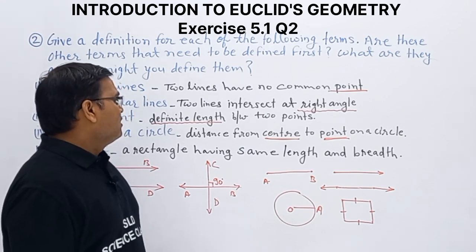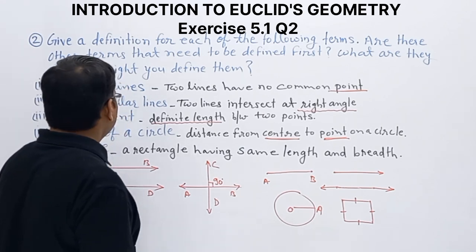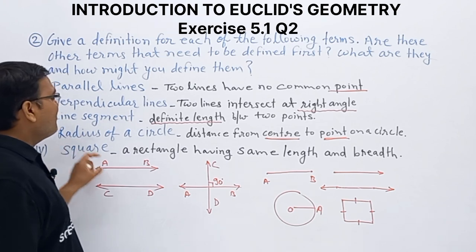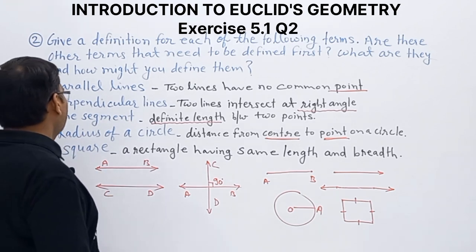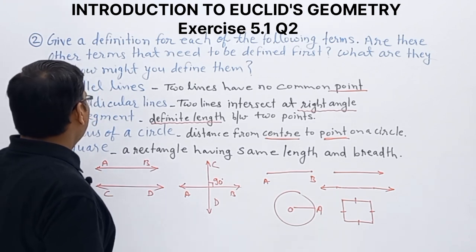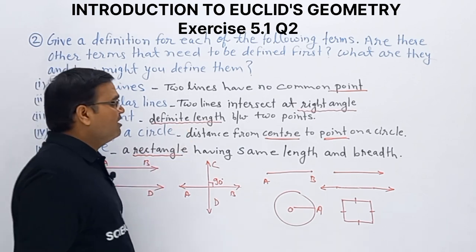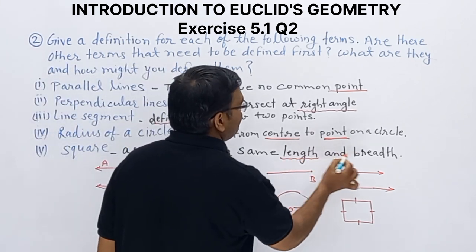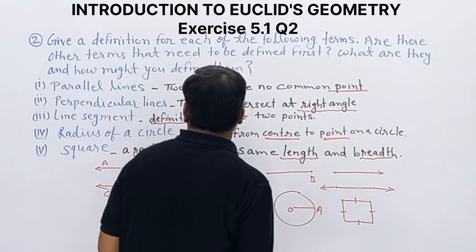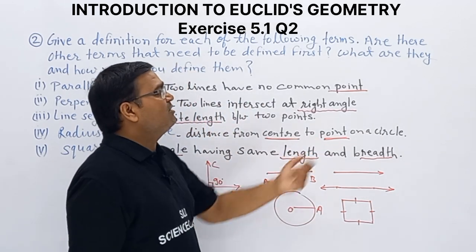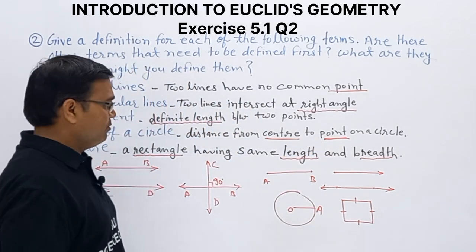Clear? So what undefined terms are we using in a square? Rectangle, length and breadth are undefined terms.